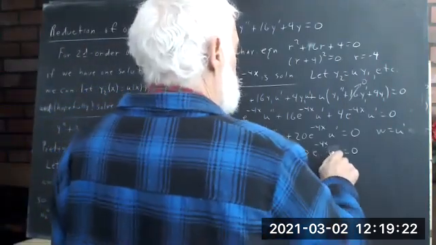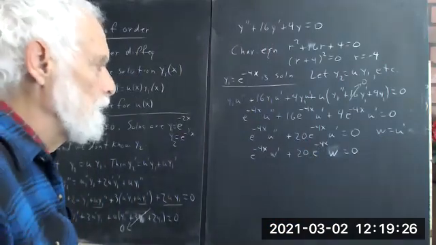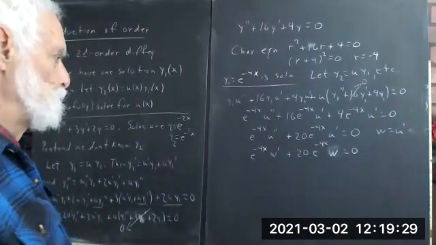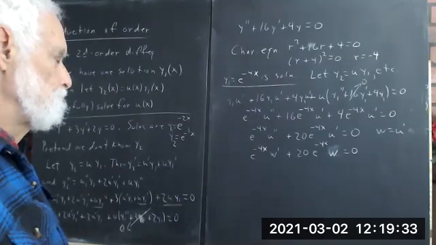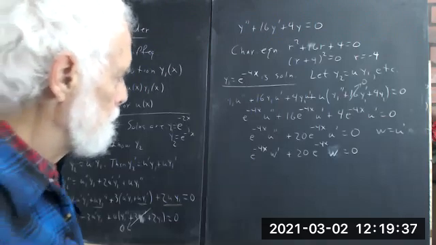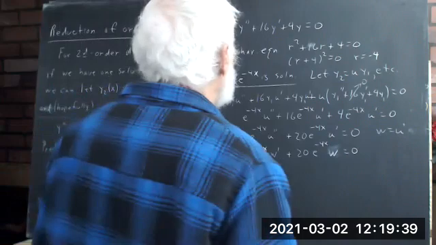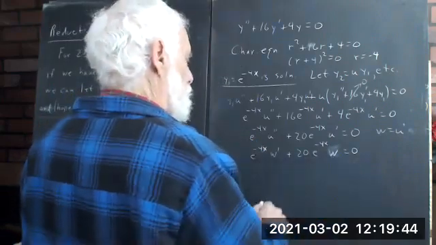It's u prime, but now it's w. And this is going to be separable. And you're going to get e to the negative 4x.